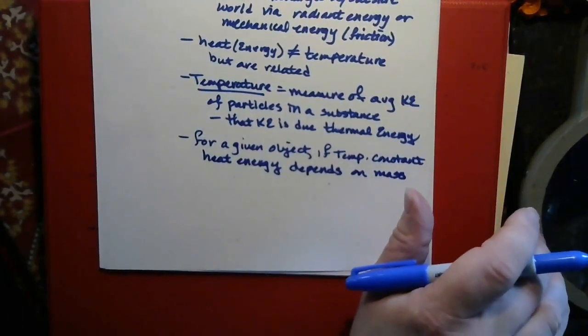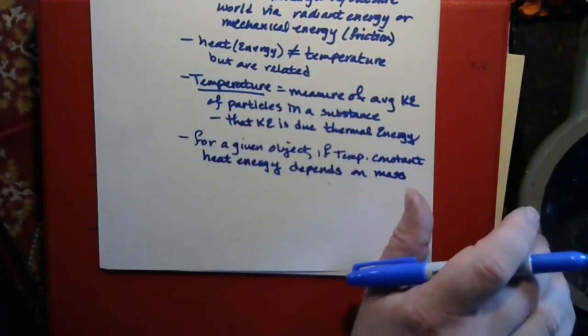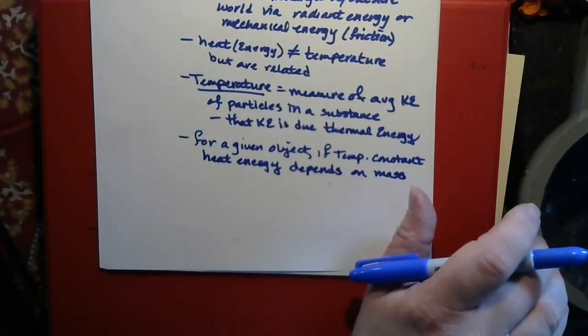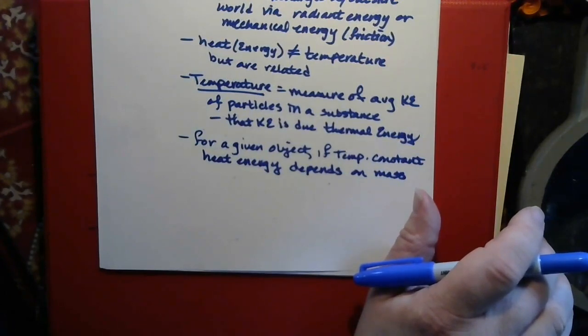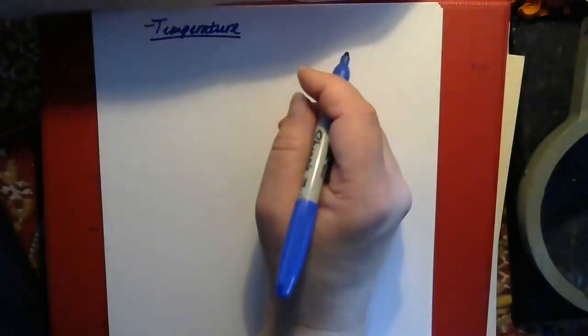And for the same temperature and the same kind of substance, the total thermal energy in the object would vary according to its mass. More mass means more substance, and more substance would mean more total thermal energy. So to look first at temperature in a little more detail before we go on, there are several common temperature scales.